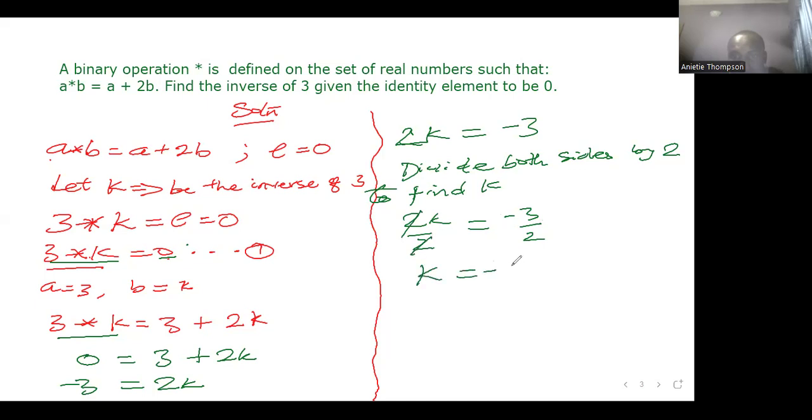We have K equal to minus 3 over 2. Therefore, the conclusion: minus 3 over 2 is the inverse of 3 from this definition.